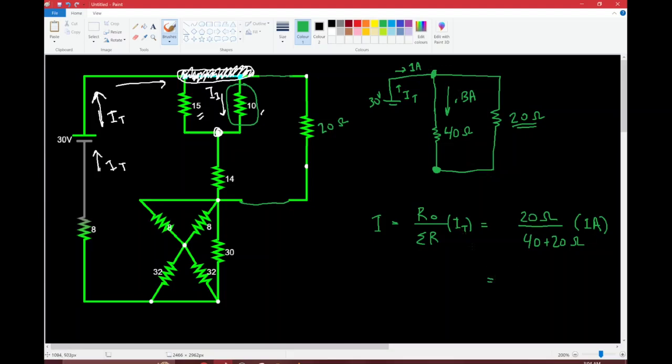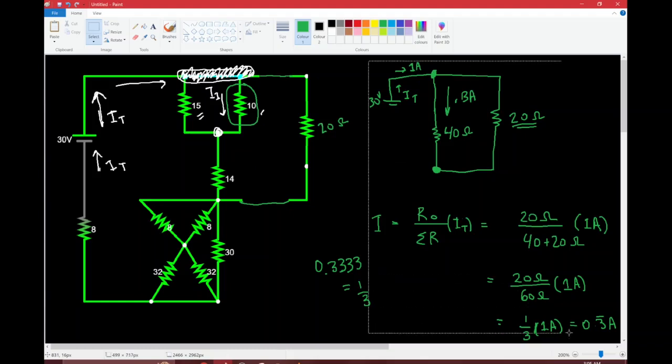So that's why we put IT as 1 amp. This is going to equal 20 ohms over 60 ohms, multiplied by 1 amp. And what you're going to end up getting is 1 over 3 multiplied by 1 amp, which is equal to 0.3 repeating amps. So 0.3 repeating means 0.3333, which is equal to 1 over 3.